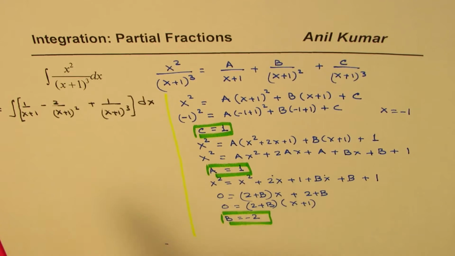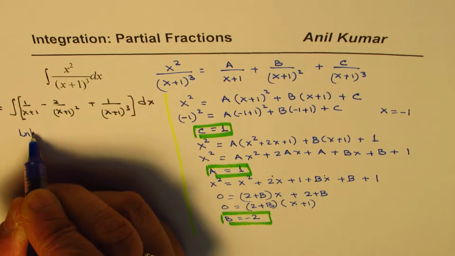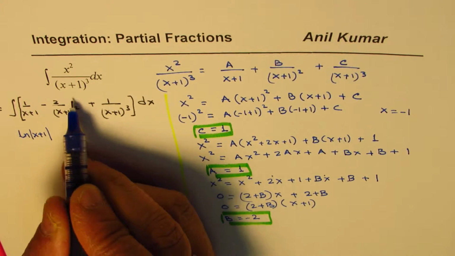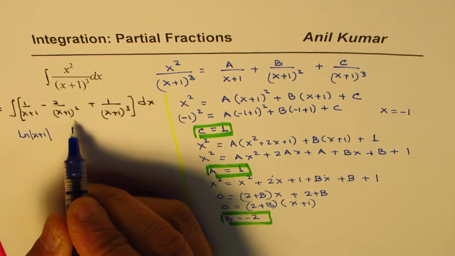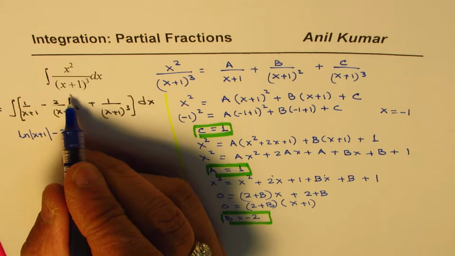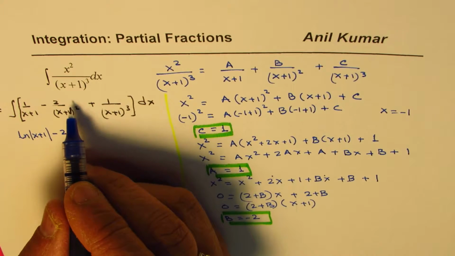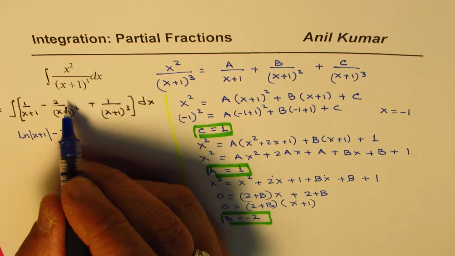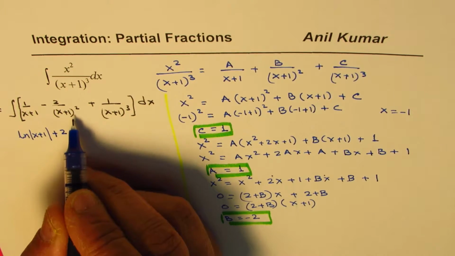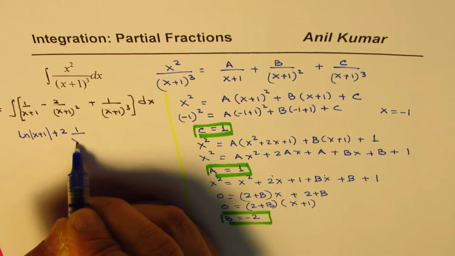So let's do that part. The first one is ln absolute value of x plus 1. Now the second goes to the power of minus 2, so it will give us minus 2. Since that is to the power of minus 2, when you add 1, you get minus 1, and dividing by minus 1 gives plus, so you get 2 over (x plus 1).